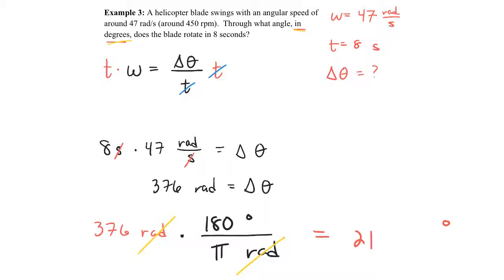So you take 376 times 180, do that first, 21,000, and then divide that answer by pi. And this answer is reasonable, again, because of the nature of the problem. Think about a helicopter blade rotating. In 8 seconds, it's going to rotate a lot of revolutions.